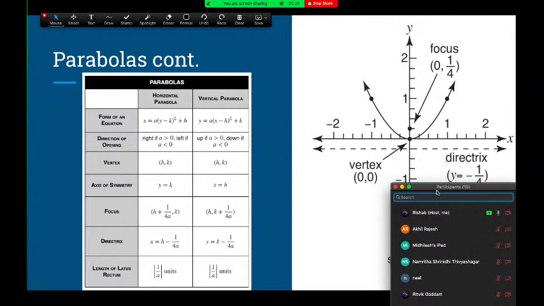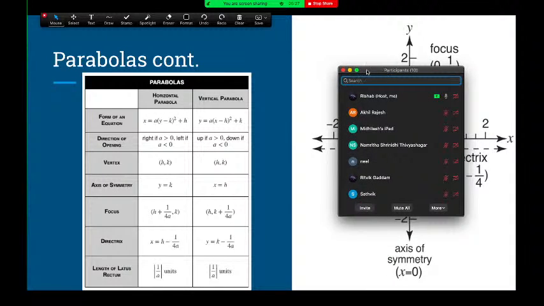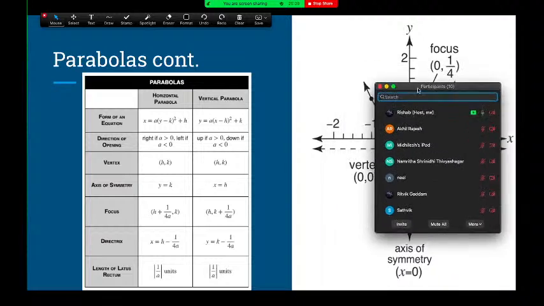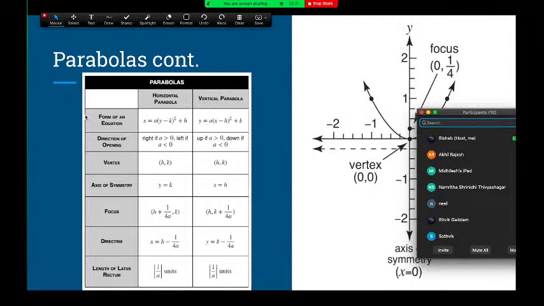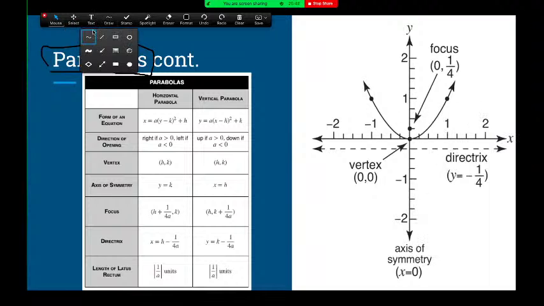Okay, so let's look at the parabolas. This is where we were, and this is what we need. A parabola is just like a U, and it has a lot of properties.